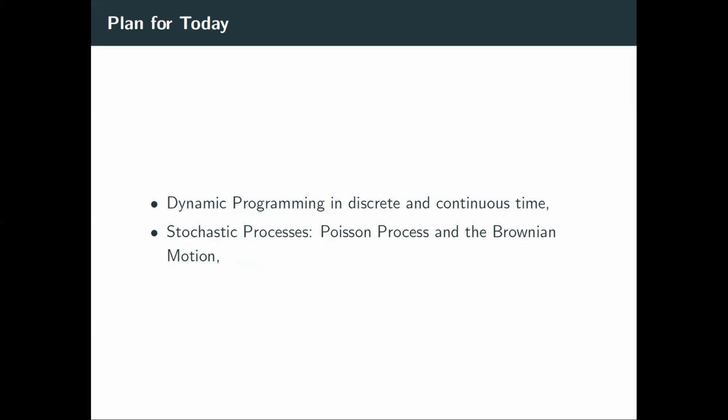First we'll study some discrete time model, and then we'll move to continuous time. And for continuous time, we will need two stochastic processes, which are called Poisson process and Brownian motion.